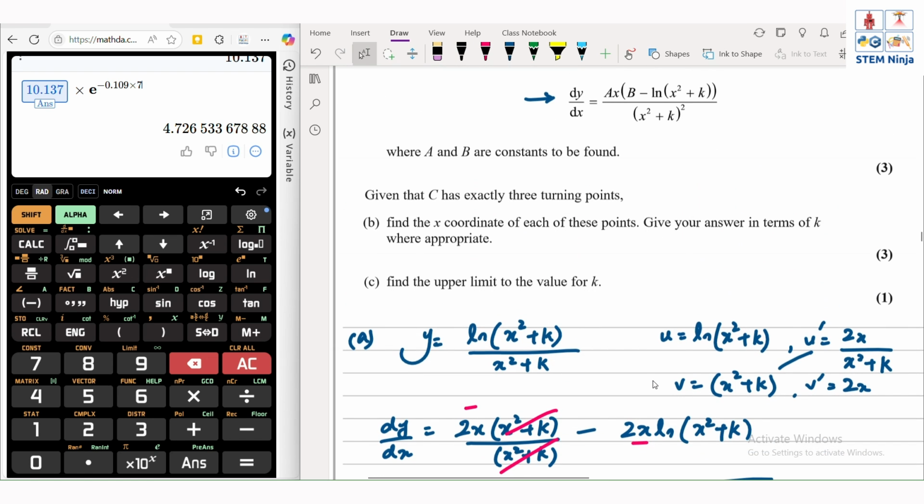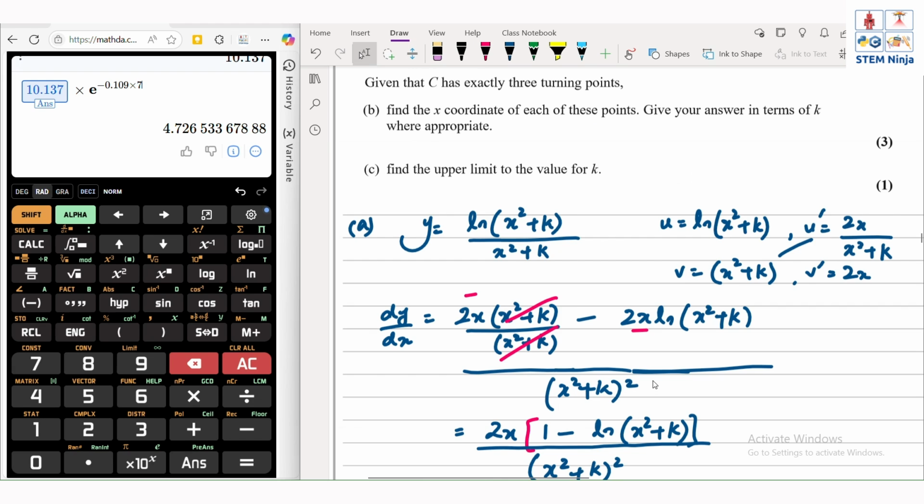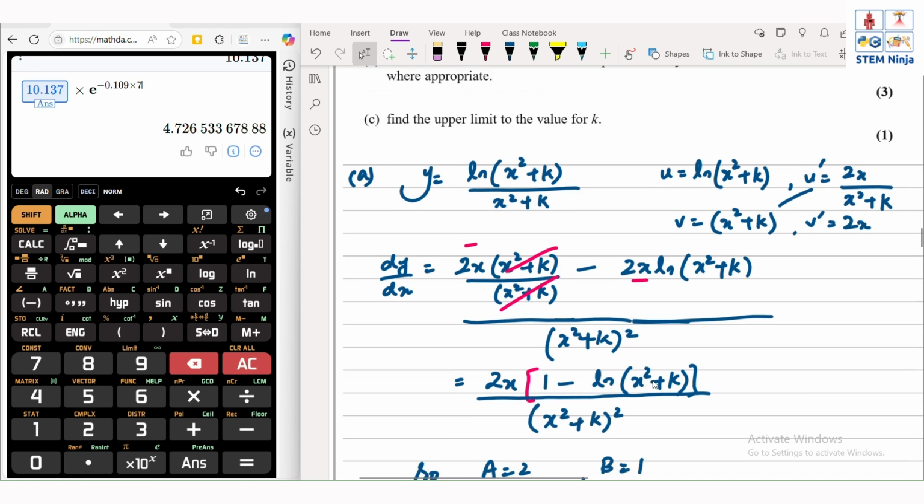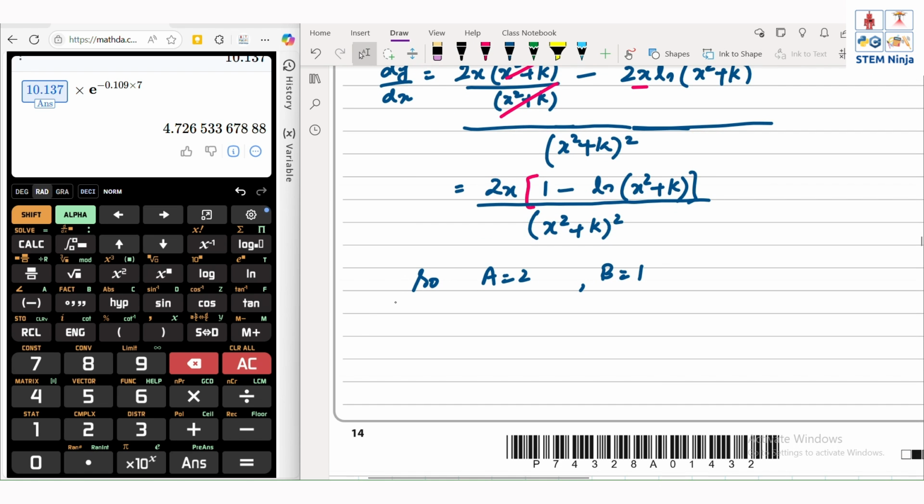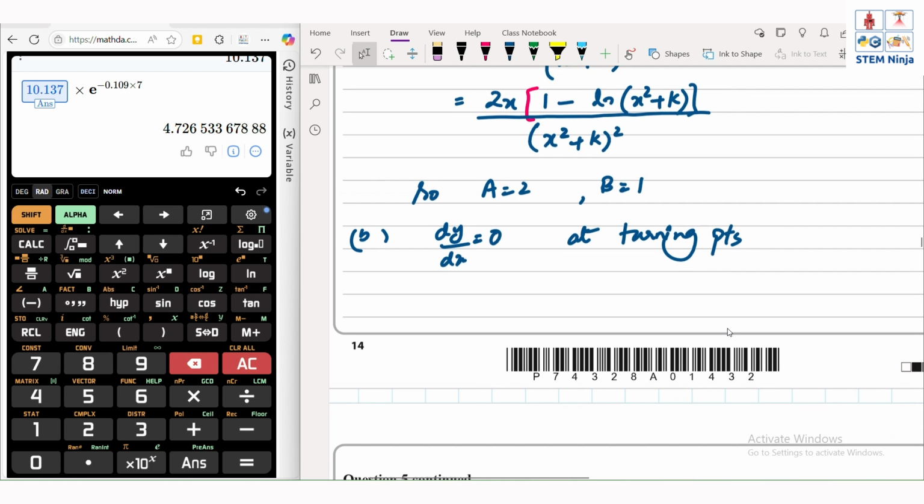That's it. All right. Given that C has exactly 3 turning points, find the x coordinate of each of these points, give your answer in terms of k where appropriate. All right. So the same dy/dx that we have found, we will put equal to 0. So dy/dx equals 0 at turning points. When you put this equal to 0, the denominator multiplies with 0 on this side.